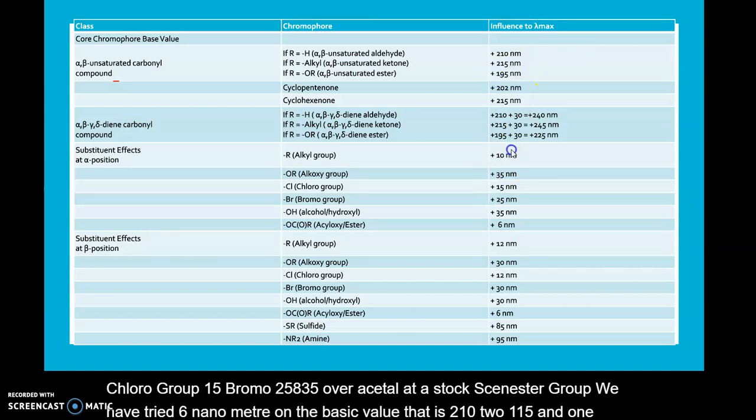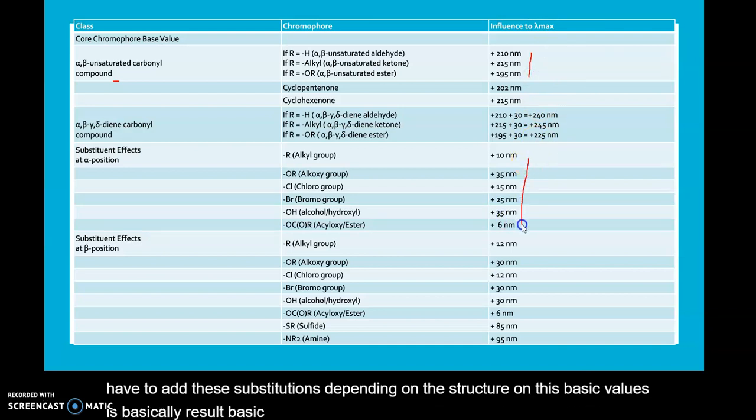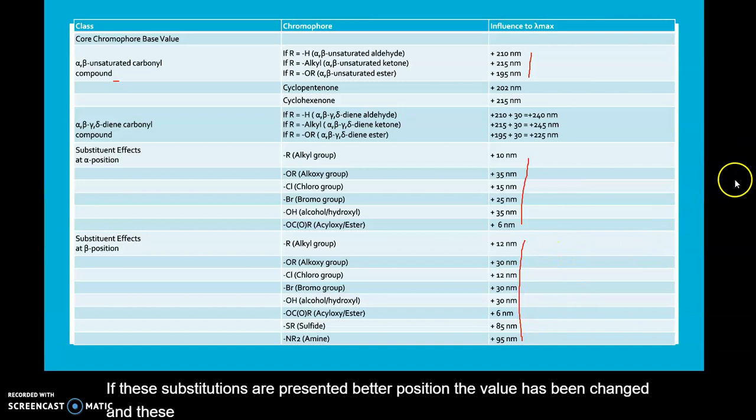We have to add these substitutions depending on the structure on these basic values. If these substitutions are present at beta position, the value changes, and these are the values for the next substitution.